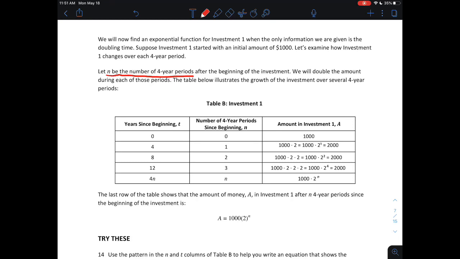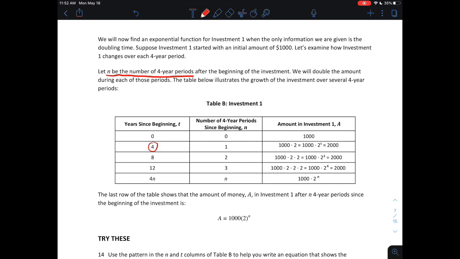So notice here, the first column says years since the beginning, T. And notice those numbers that they have in that column are 0, 4, 8, 12. They're increasing by an amount of 4. In the next column over, it says number of 4-year periods since the beginning. Here we have n. So at the beginning, 0. But the next row says 1 because we have one amount of 4 years.